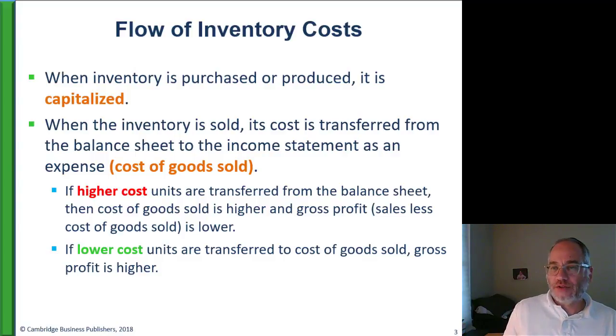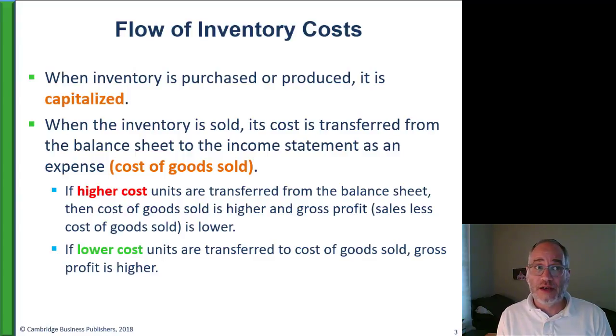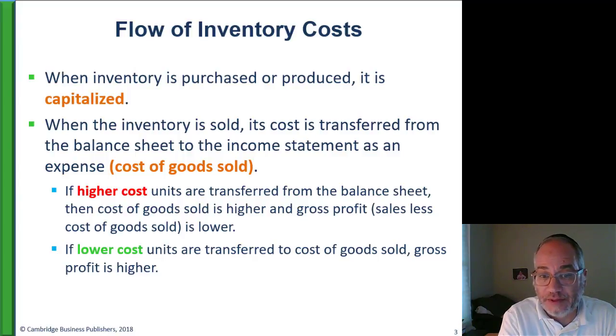So if higher costs are transferred from the balance sheet to the income statement, the more expensive goods, probably the ones you bought later, then you're going to have higher cost of goods sold and lower gross profit.